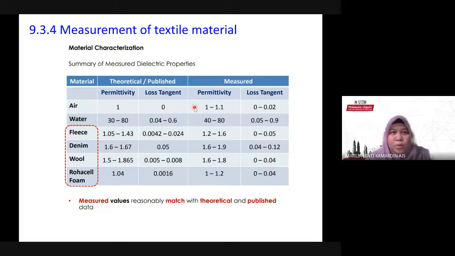So that's how we do the dielectric probe measurement to measure the dielectric properties of body phantom, textile, or any other substrate that we would like to see. Oh, and another thing, we also measure the properties of seawater, because we also do research for seawater antenna for underwater. We do that also, but I didn't share the result here.